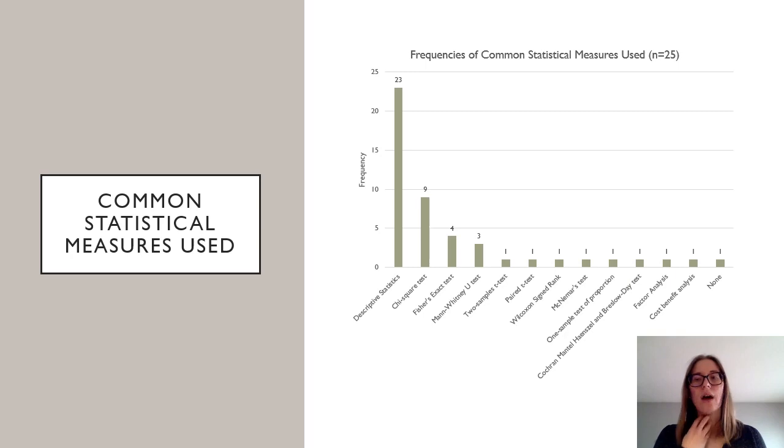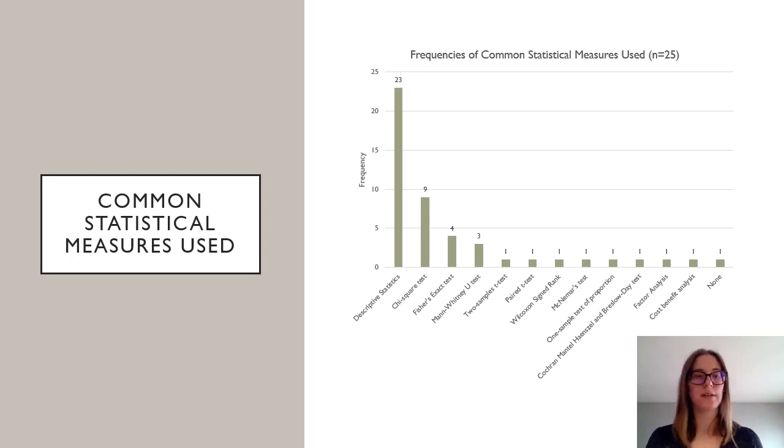So we also looked at the most common statistical measures used. The most common measure used was descriptive statistics, and that is great because in most situations you should and can be using descriptive statistics to report your data and your findings. 9 students used chi-square tests and 4 students used Fisher's exact tests, and both of those tests analyze categorical data.